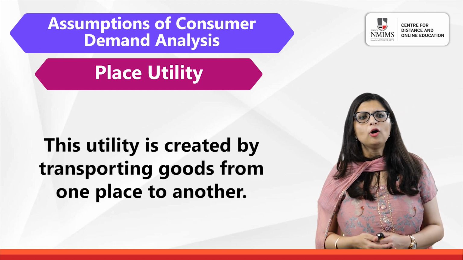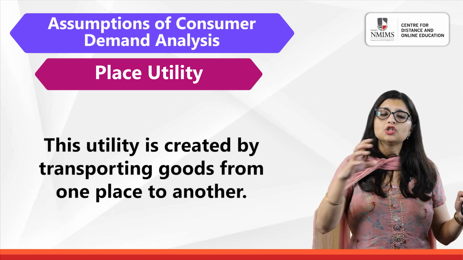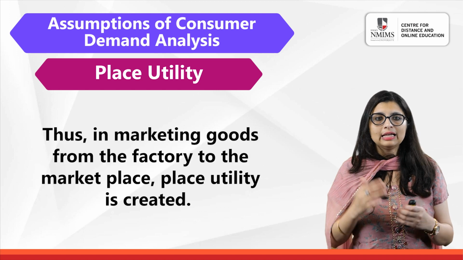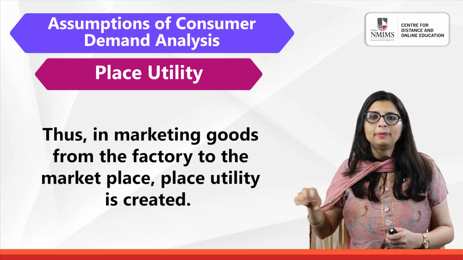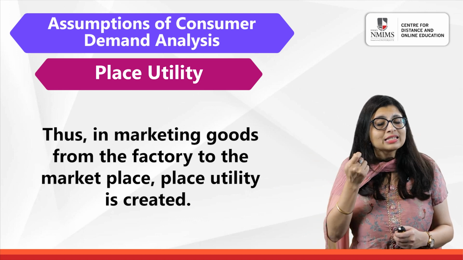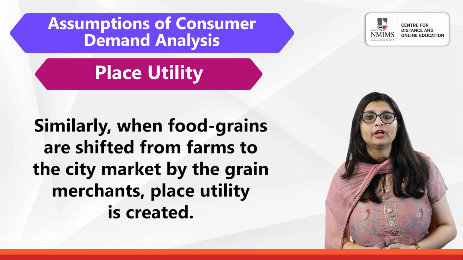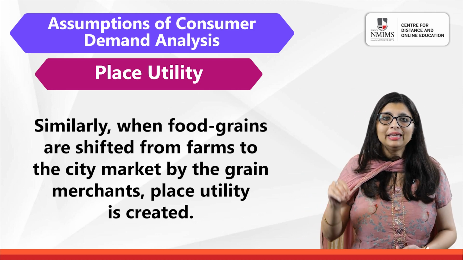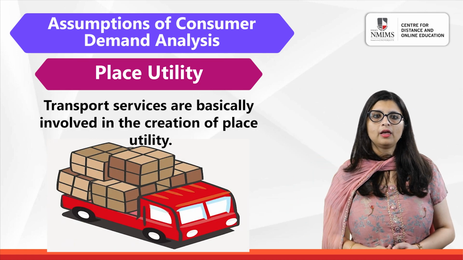When we are talking about place utility, this utility is created by transporting the goods from one place to another. Thus, in moving goods from the factory to the marketplace, place utility is created. Similarly, when food grains are shifted from farms to the city market by a grain merchant, place utility is created.